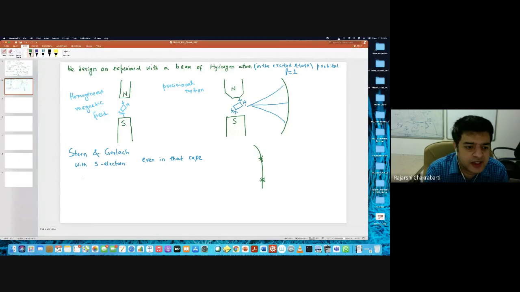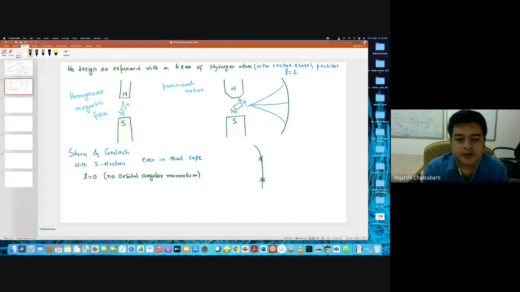So in this case, L is what? L is 0, no orbital angular momentum.